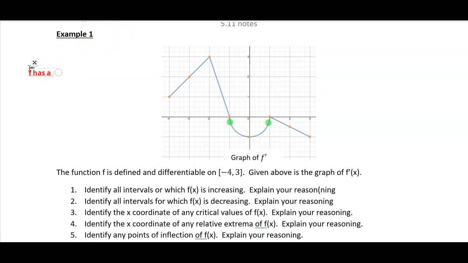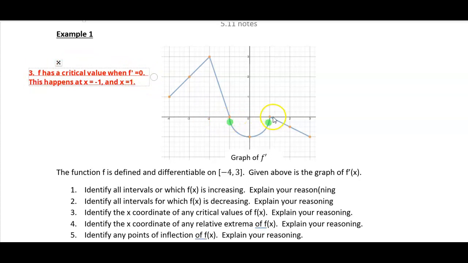F has a critical value when the derivative is equal to 0.